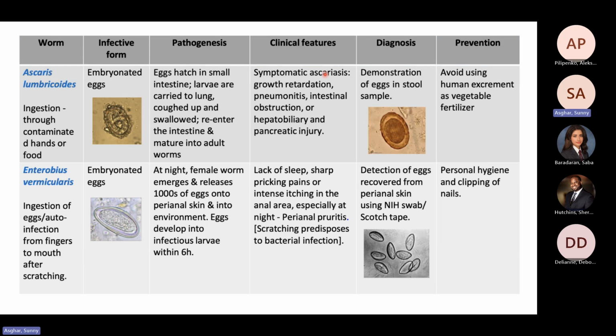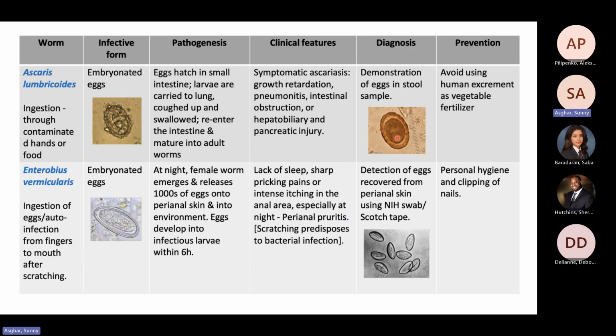Okay, so next we move on to our worms, or so-called other bugs, that you guys are going to be learning about in GI itself. The important thing in general that we have to know is how they look, right?